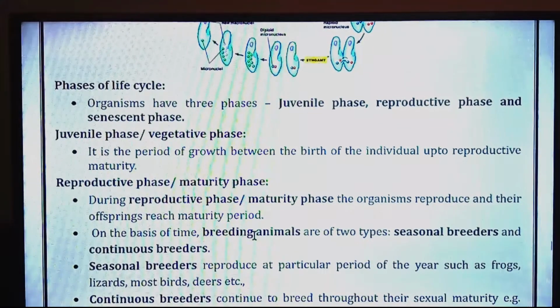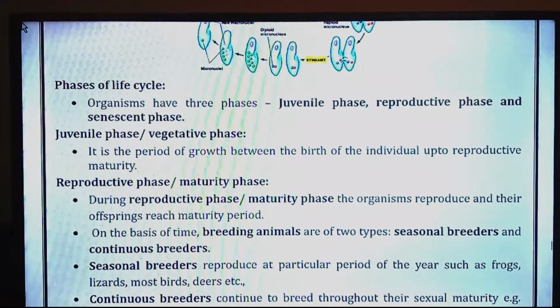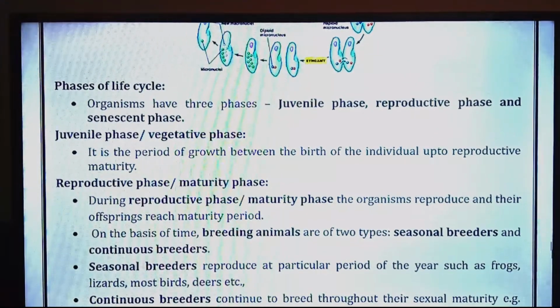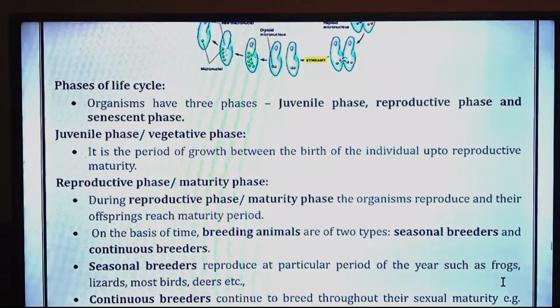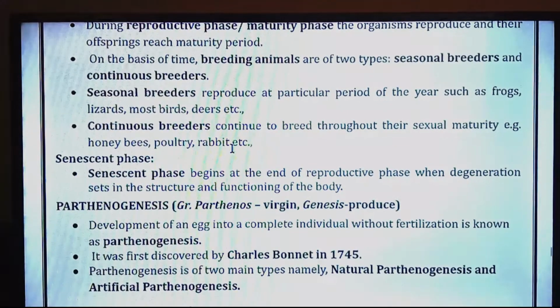Certain animals are able to reproduce only at a certain season, like frogs during the rainy season. Example, frog, lizard, most birds, deer, etc. The second type is called continuous breeders. They will be able to reproduce throughout their sexual maturity. Example, honey bee, poultry, rabbit, etc.